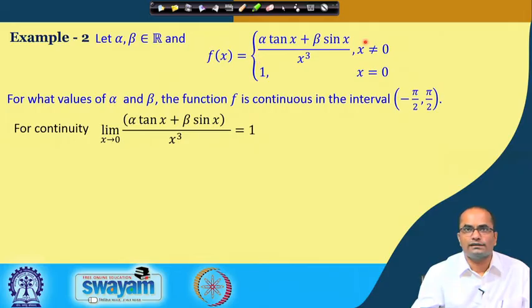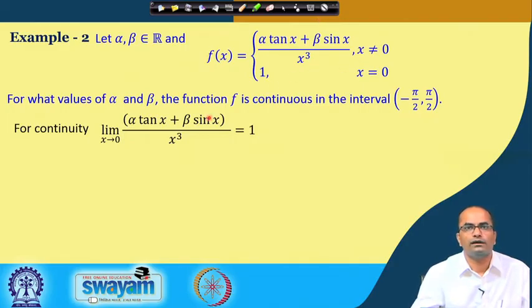Everywhere else the function is continuous; the problem is at x equal to 0. For x not equal to 0 we have this nice function defined over minus pi by 2 to pi by 2: tan is continuous, sine is continuous, x cube is continuous. The only problem it could create is at x equal to 0.